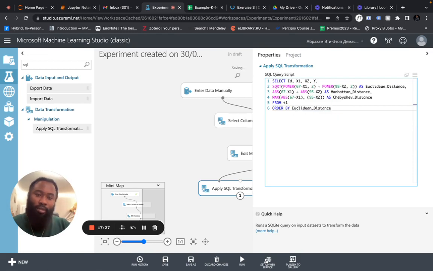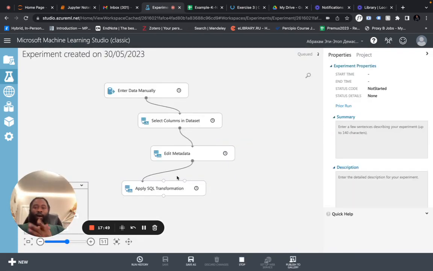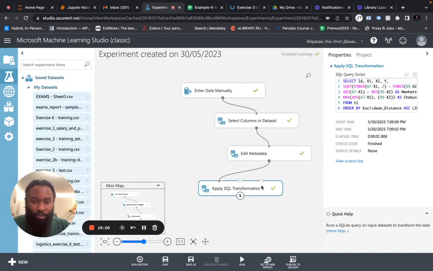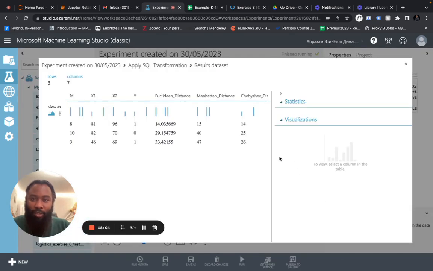Order by, let's do this ascending, limit to 3. Yeah, maybe there'll be a mistake. We don't know. Let's run this. So our studio is executing the commands, applying the transformation. Ooh, we ran it, and let's visualize the result.